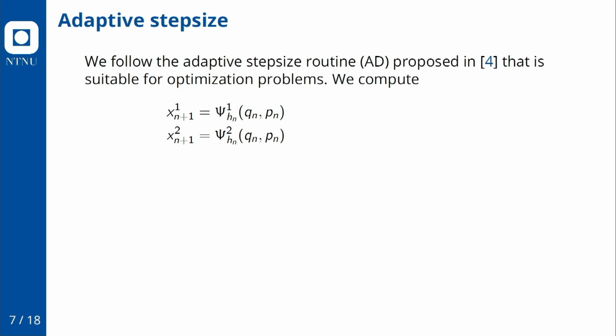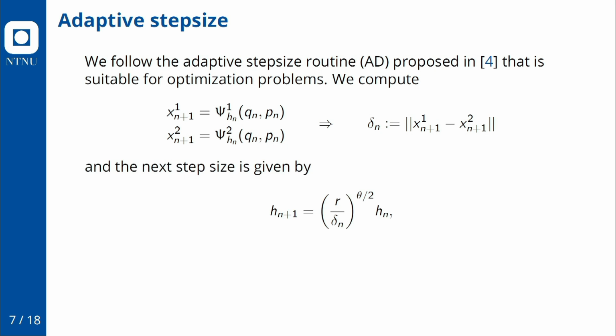So what we need to do is to compute the solution with two methods, where one is of a higher order than the other, so that we can compute the distance of the solutions, and then according to this distance we compute the next time step using this formula you see here, where there are also other parameters.